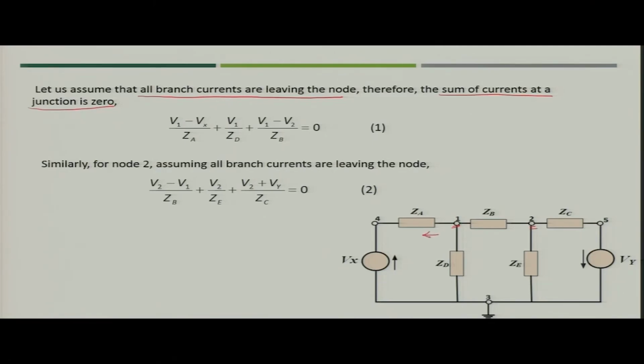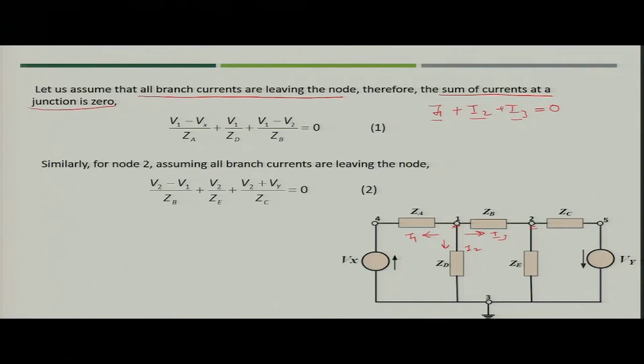You can say these are the three currents, I1, I2 and I3. So I1 plus I2 plus I3 would be equal to 0. Now you have applied KCL, and you have to put in the values of I1, I2 and I3.